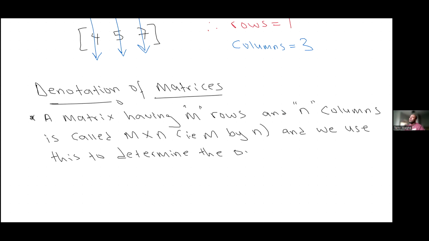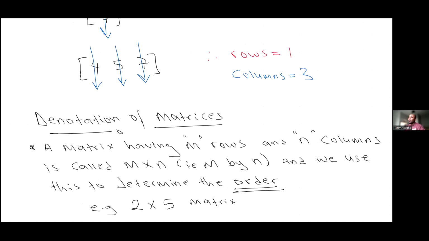So for instance, if you have a 2 by 5 matrix, what this means is that the number of rows in this matrix is 2, and the number of columns in this matrix is 5. Now let's go back to that example we had earlier.